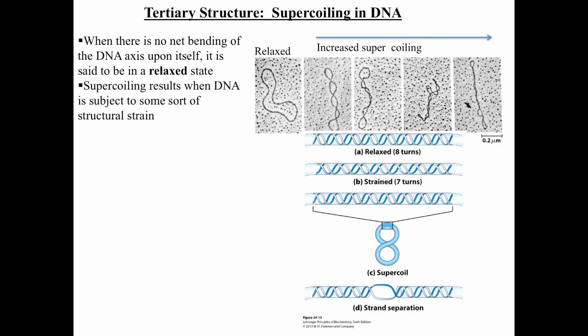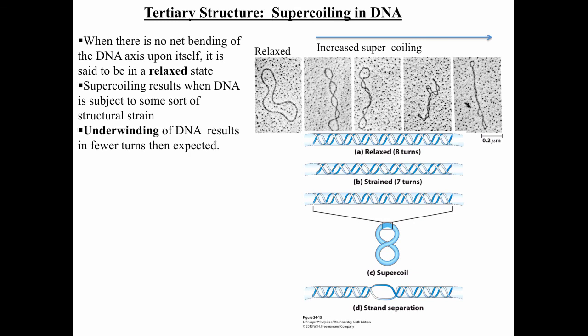However, if you increase strain on the DNA, that will increase the supercoiling. So these are different images of that same DNA plasmid with more and more supercoiling. You can see that it further and further compacts the DNA.